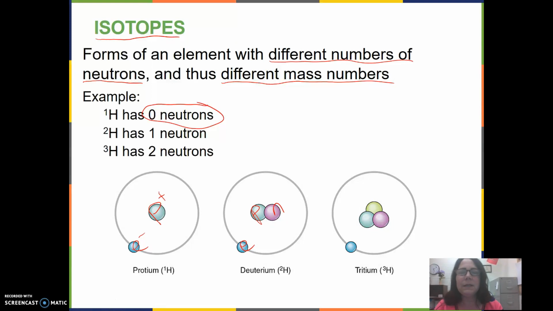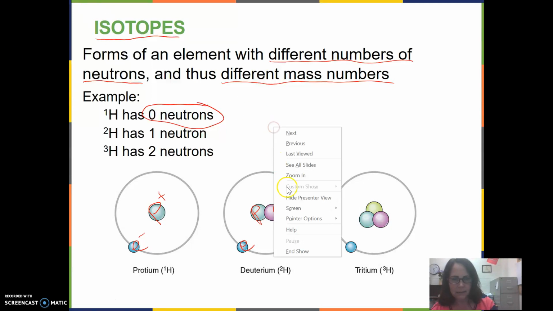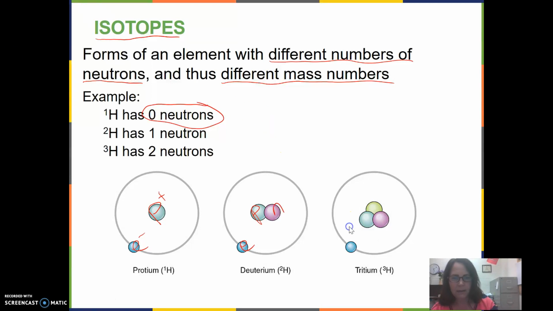We were still talking about isotopes, and let me make sure the pen is on. Okay, on this page there are 3 examples of hydrogen isotopes. One is called protium, and it contains a proton and an electron, 0 neutrons.